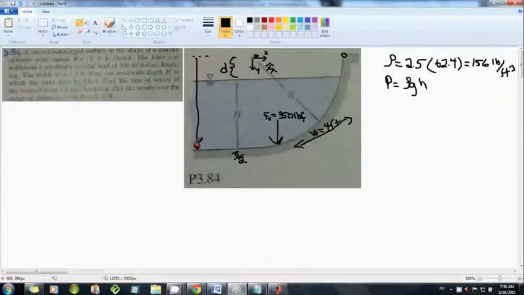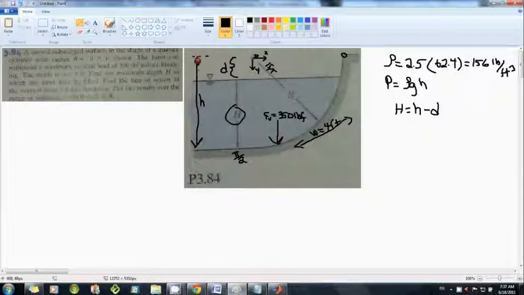Call this distance little h. I want to find this guy, big H. So big H is really equal to this little h minus d.